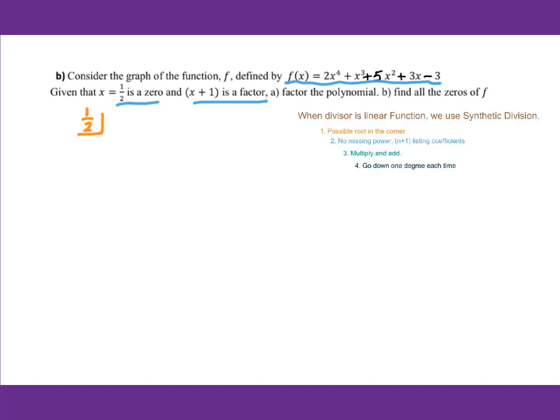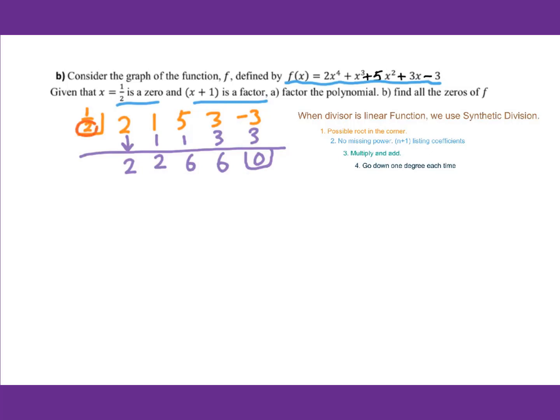Make sure no missing power, therefore we got 2, 1, 5, 3, -3. Bring down this 2. Multiply by 1/2 means divided by 2. So 2 divided by 2 is 1. Adding is 2. 2 divided by 2 is 1. Adding 6. 6 divided by 2 is 3. Adding 6. 6 divided by 2, 3. Adding, that's 0.